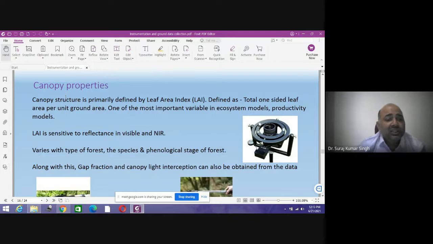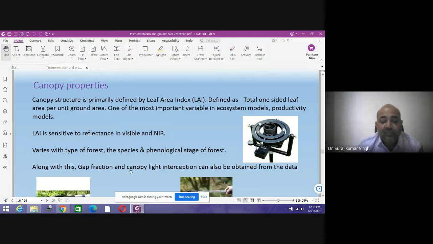The canopy structure is based on leaf area index, defined as the total one-sided leaf area per unit ground area, and this is one of the most important variables in ecosystem models and productivity models. Leaf area is sensitive to reflectance in the visible and near infrared. It varies with forest, with species, and with the phenological stage of the forest.